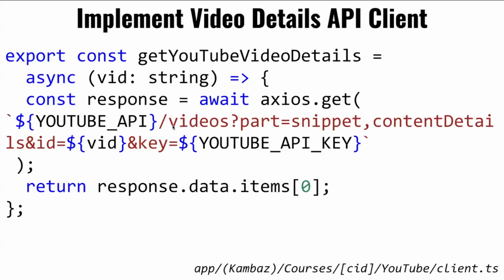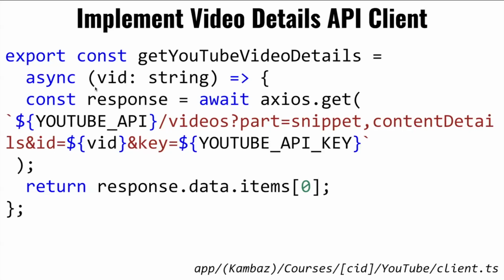This one is a different one, again taken from their documentation. This one is /videos. And again, you can ask for different parts, snippet, and also content details. Then you can provide the specific ID for the video that you want, plus the key that has to always be added to every single request that goes out to the YouTube API.